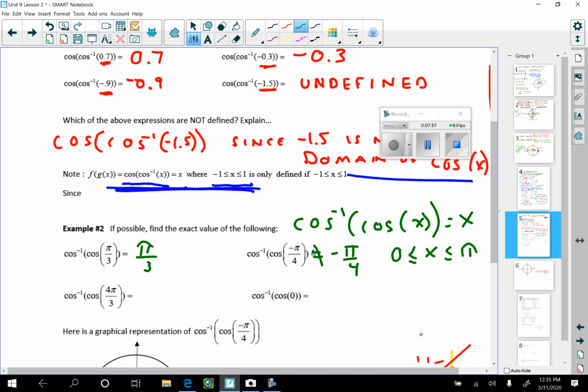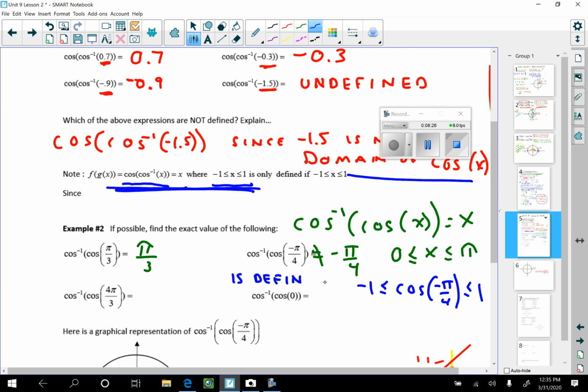But what I do know is this guy right here, and this is what's going to be kind of crazy. We do know that the cosine of negative pi over 4 is between negative 1 and 1. So this thing is defined.